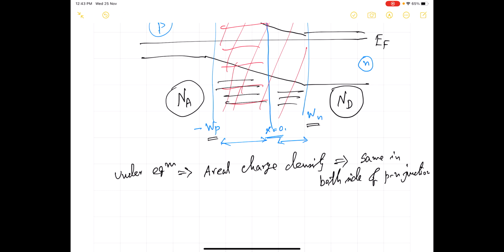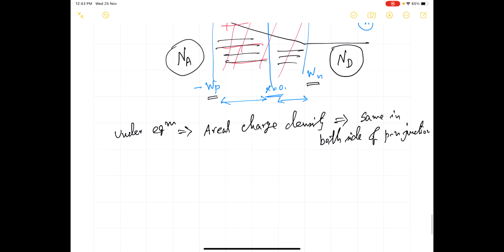If we multiply Na into Wp, this is the areal charge density in the P-type region.